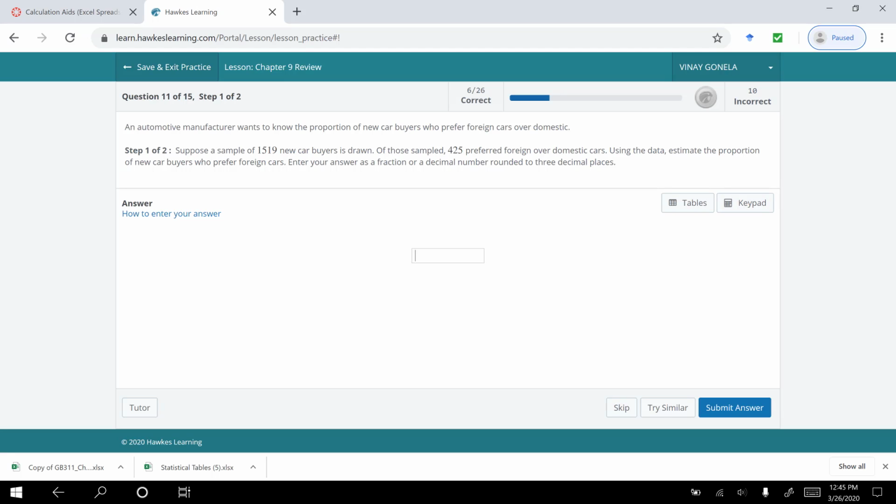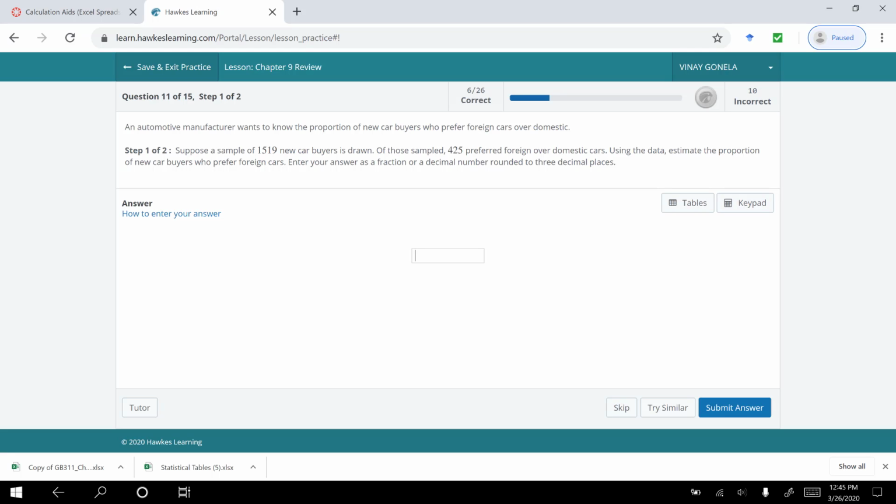So here is a problem. We have an auto manufacturer that wants to know the proportion of new car buyers who prefer foreign cars over domestic, and a sample of 1519 new cars is drawn. Of those, 425 preferred foreign cars.